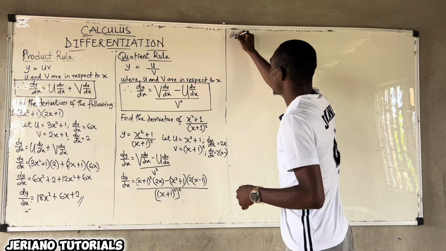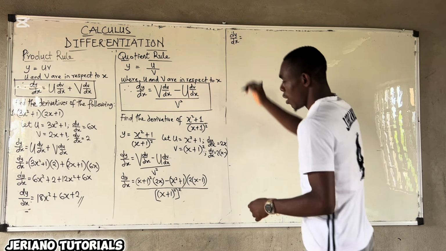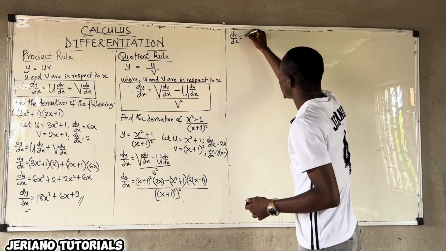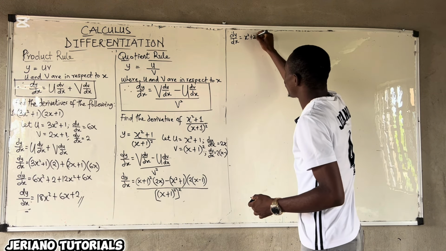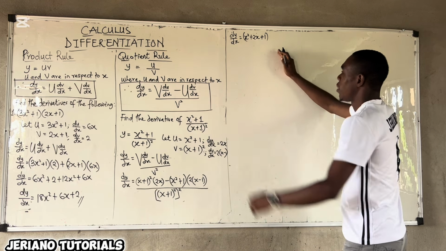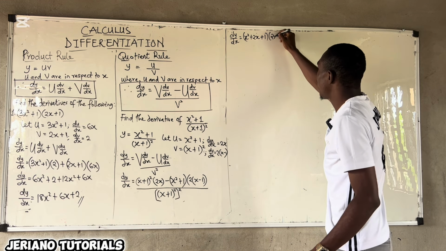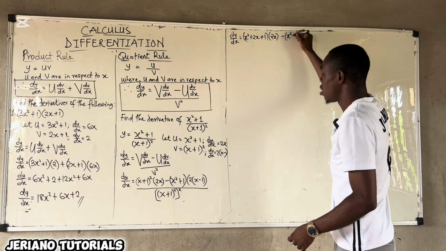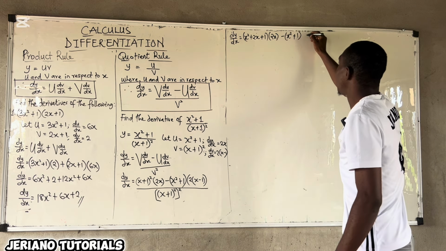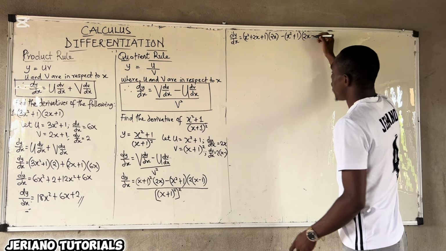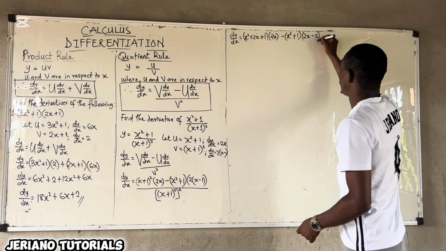Now we continue. dy/dx, now x plus 1 squared is still x squared plus 2x plus 1. When you open up the brackets, we maintain our 2x, then we have minus x squared plus 1, and then let's open up this, 2 times x, 2x, 2 times 1, 2.